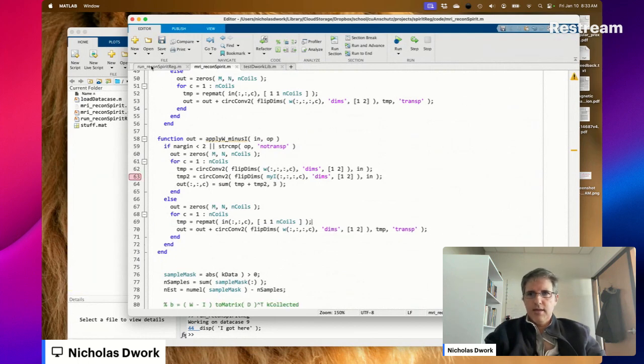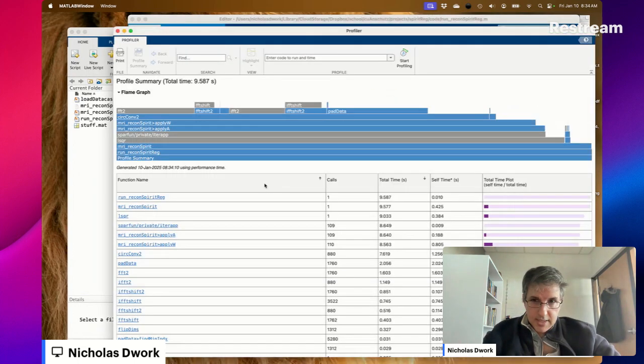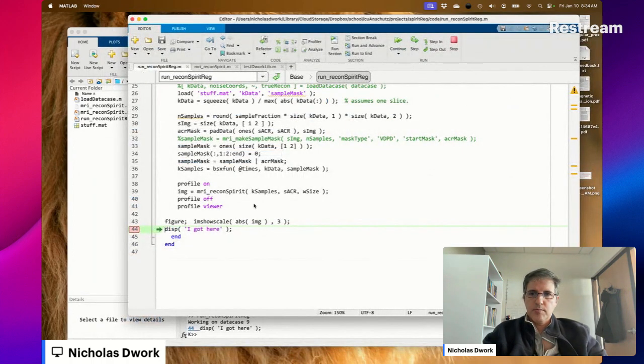Let's get here. Theoretically, the identity matrix is the identity of the circular convolution operation. Why didn't that work? Oh, because I never called it, duh.